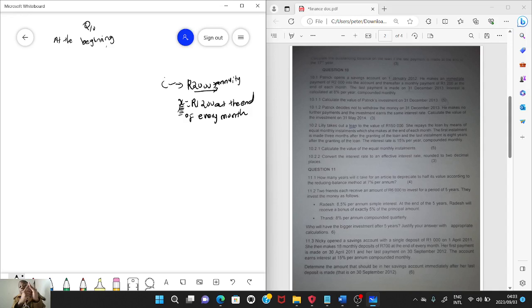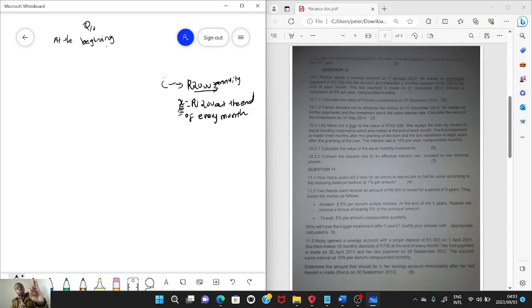And then we have the second year, which is 2013. Why am I counting the whole of 2013? Because the last payment was made on the 31st, and the 31st is the end of the year. The first payment was made at the end of January 2012, so we have a whole year of 2012, and the last one was made on the 31st of December.